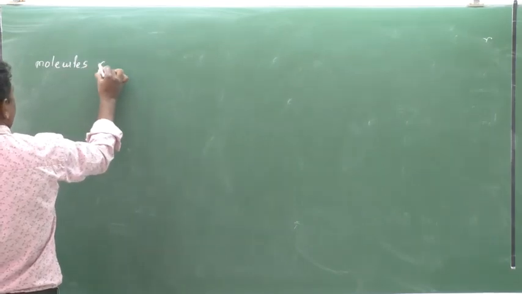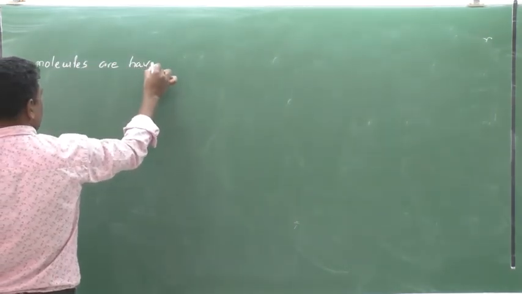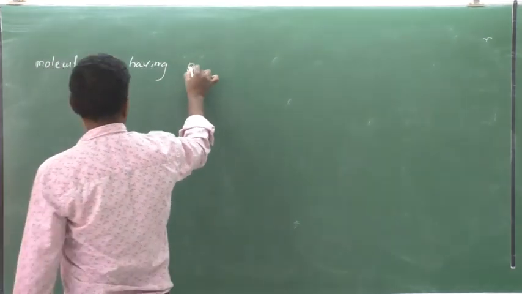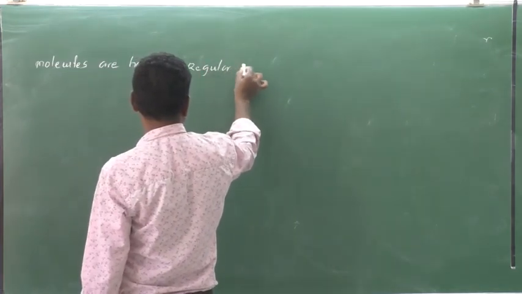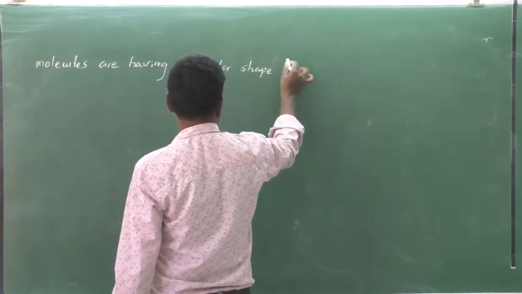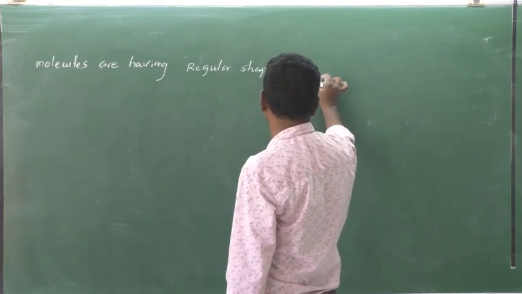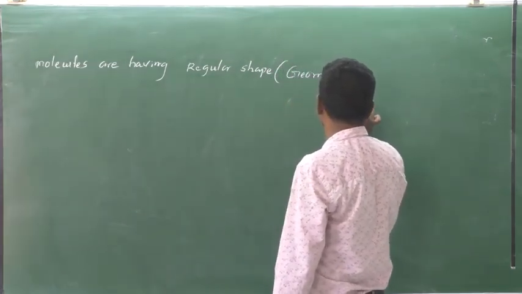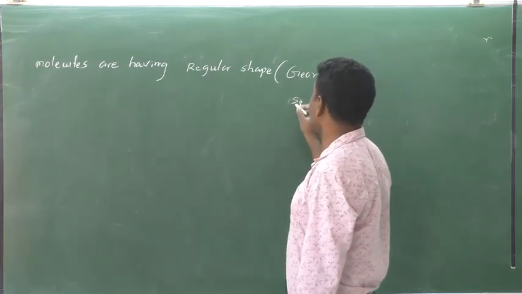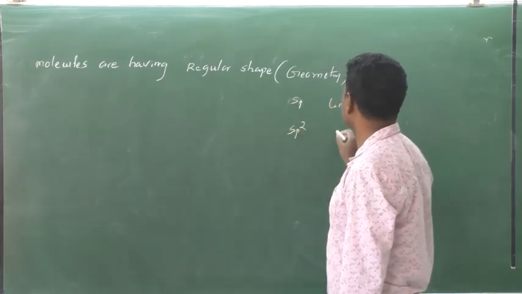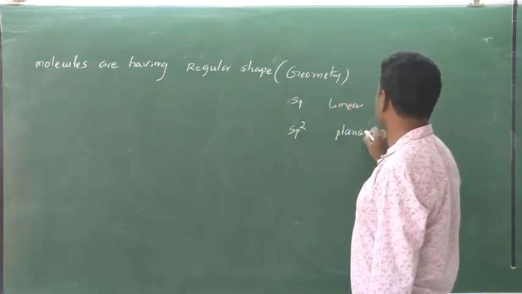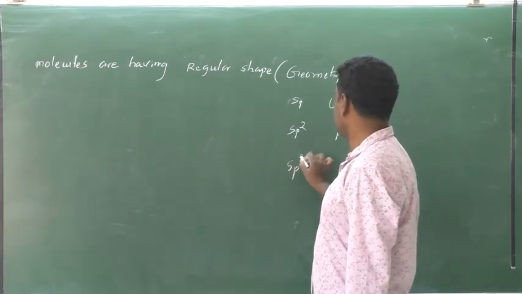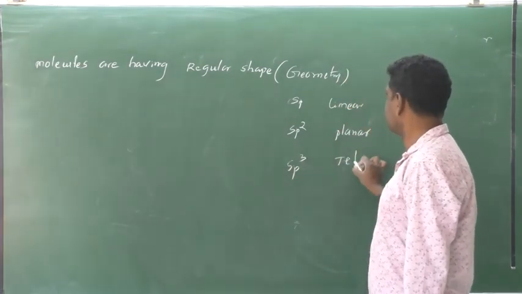Molecules having regular shape or geometry. For example, sp hybridization gives linear, sp2 gives planar, sp3 gives tetrahedron.